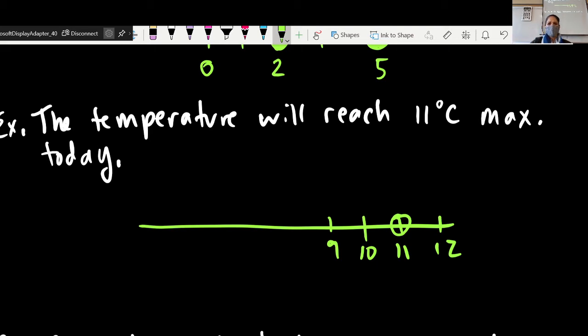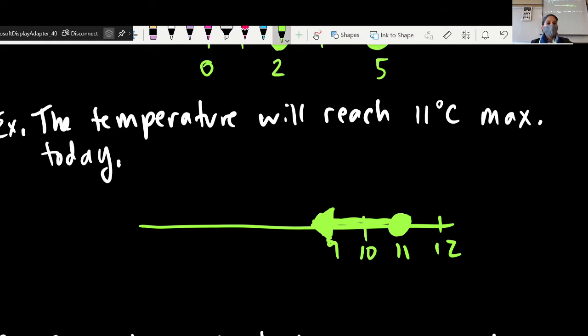Yeah, because if it reaches a maximum of that, it could be that. And then how do I represent this? Which numbers is it allowed to be? Yeah, so we draw an arrow going to the left. Everybody good with that? It can be anything below that. It just can't be anything above that. So this is, again, just like translating things.